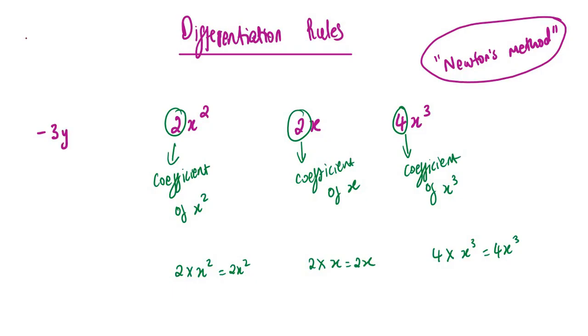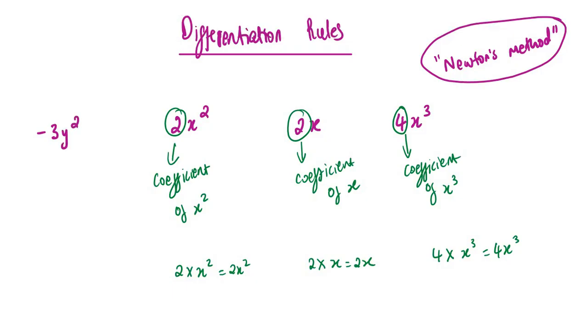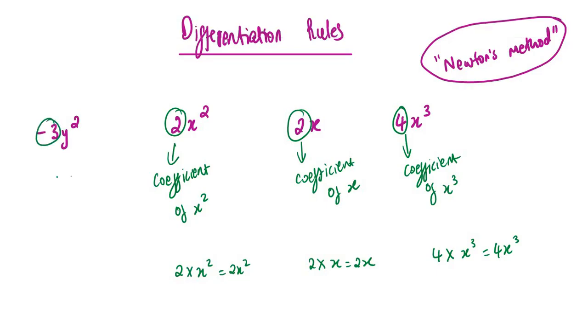Good. Now, what if I had negative 3y squared? What do you think will be the coefficient there? Can you write it in the comments there? So that's very correct, okay? Negative 3 is the coefficient of y squared.